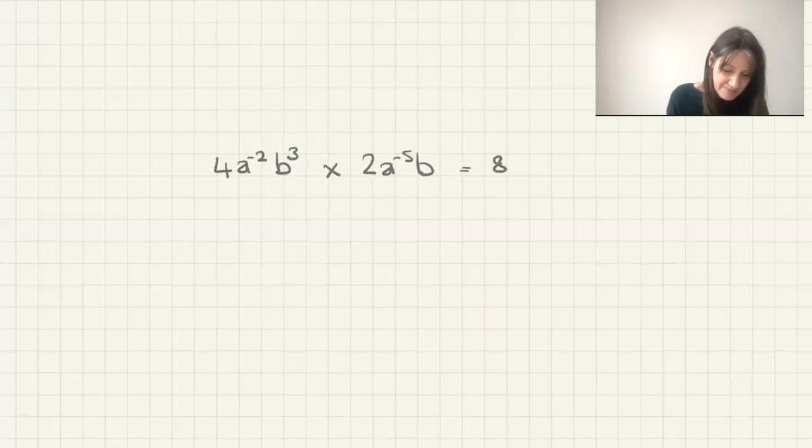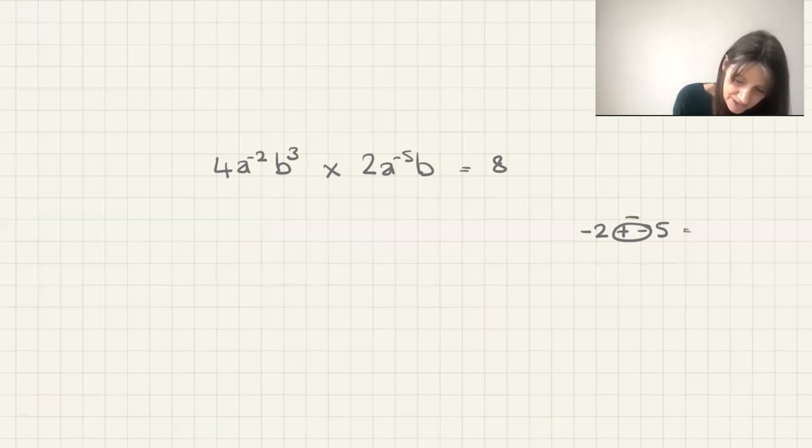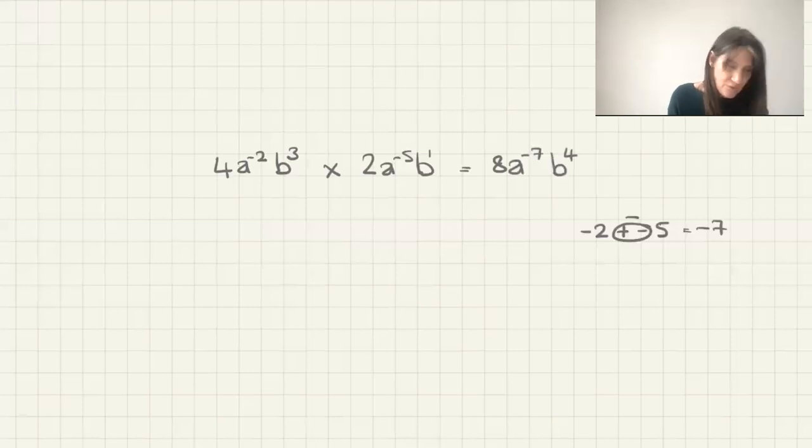Now I've got a to the minus 2 times a to the minus 5. I know that a times question is add, but with those negatives, I like to see what's going on. So I'm doing minus 2 add minus 5. That's going to give me a minus. If I'm at minus 2 and I go down a further 5 places, I'm at minus 7. So that's going to give me a to the minus 7. And then I've just got an invisible 1 on that b. So I'm adding the b's. 3 plus 1 is 4.